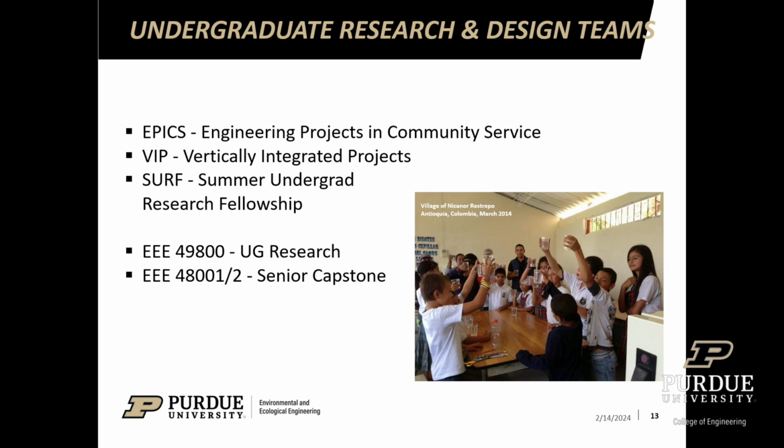It'll go onto your transcript. We will count up to 3 credits towards degree requirements. And it's nice to have that transcripted course specific to you, with the title that you got to choose based on the focus of your research, sitting there on your transcript.